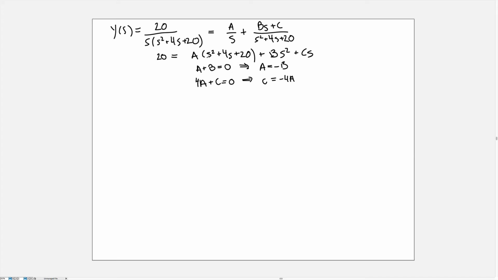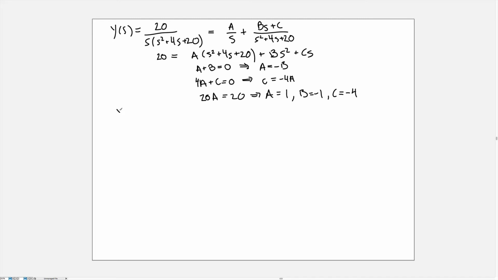Finally, the constant term, 20 times A, and there's no constant on the other side, must equal 20, so A must be 1. Going back up, B has to be minus 1, and finally C has to be equal to minus 4.